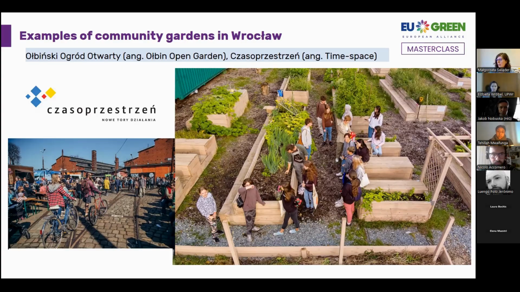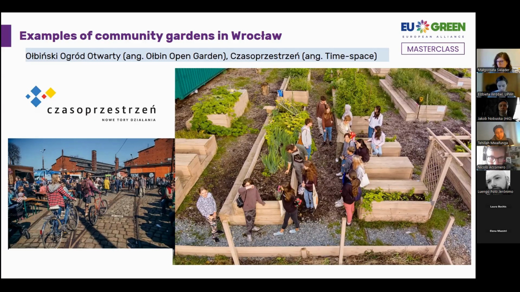And the other example that we could see here is Czasoprzestrzeń. This is a community garden created close to the old tram buildings, I could say. This place is close to Century Hall in Wrocław, and in this case also we have some permaculture activities, and you could see different pots, and each pot has its own supervisor or one group of people that are maintaining this area.